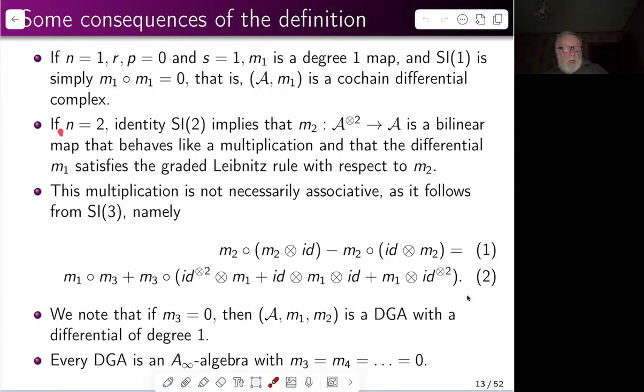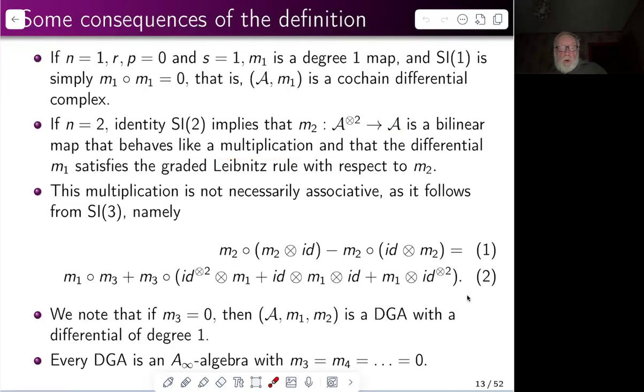If we take n equal to 2, then the Stasheff identity of degree 2 gives you an operation from A tensor A to A, and this map is a bilinear map, which you can interpret as a kind of multiplication.